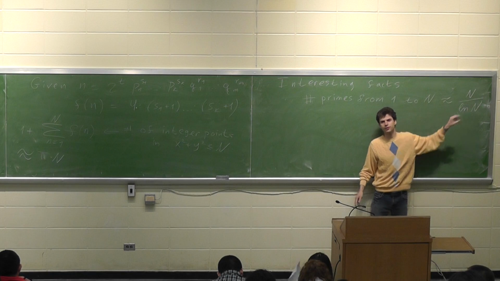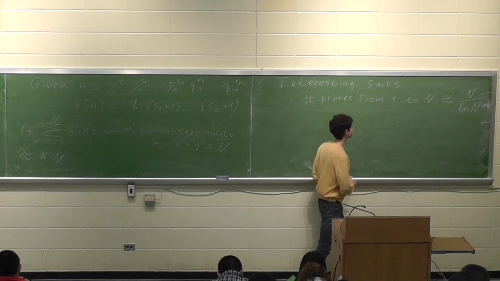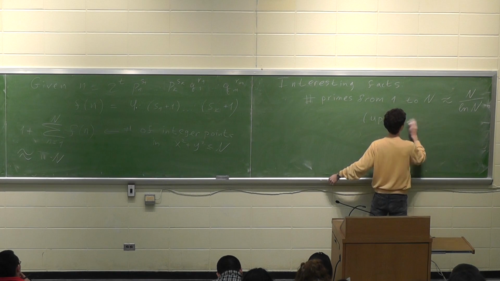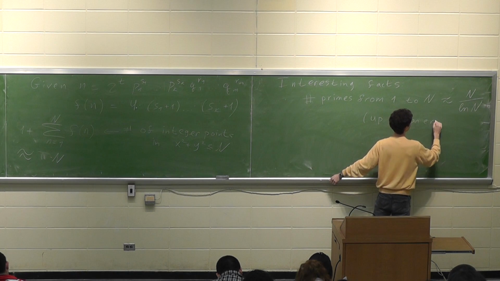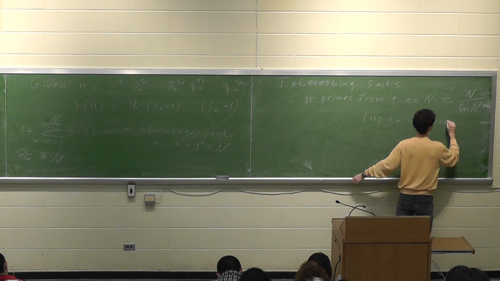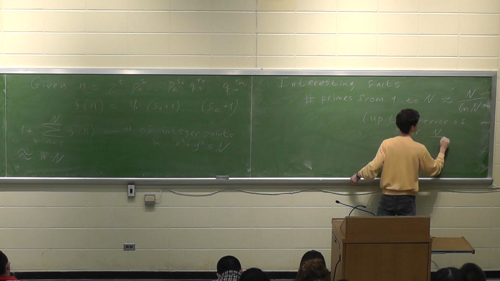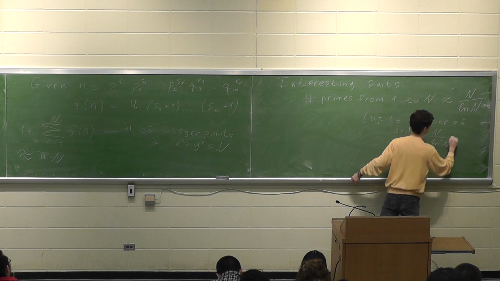It's N over log N, and the mistake here is an error of order N divided by log squared N.